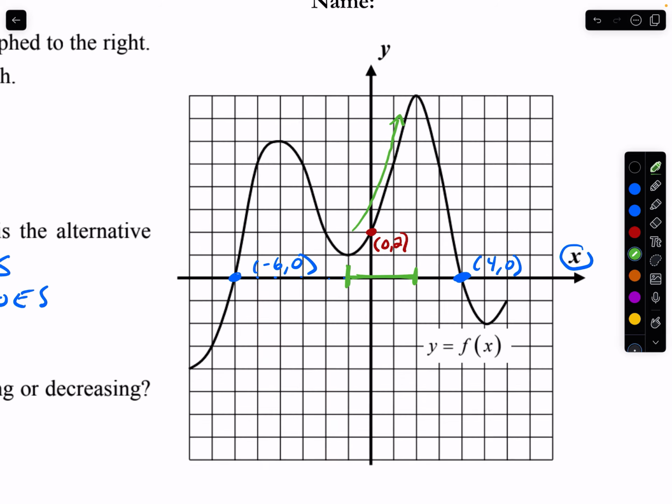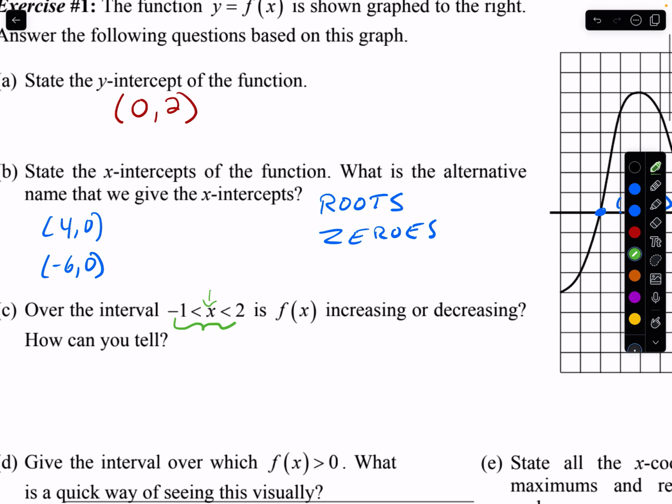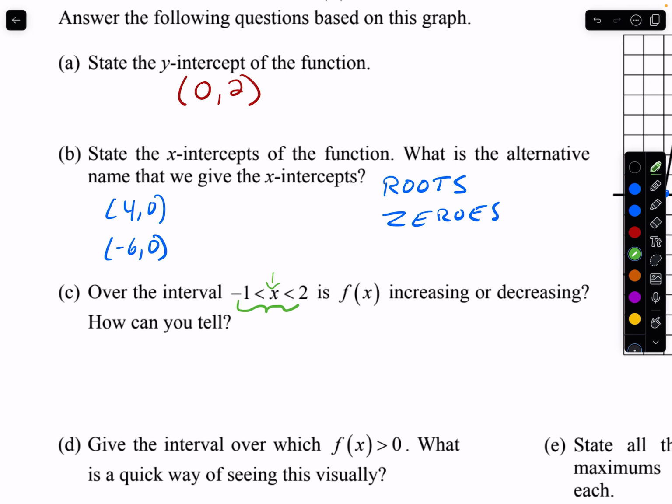As x increases, y also increases. That's a nice shortcut. Or you can think, hey, the graph is heading upwards. It's not really a good mathematical definition, but it's a good way to think about it.